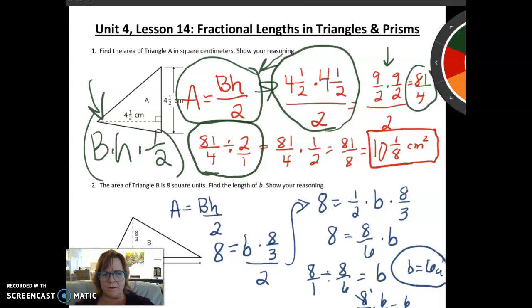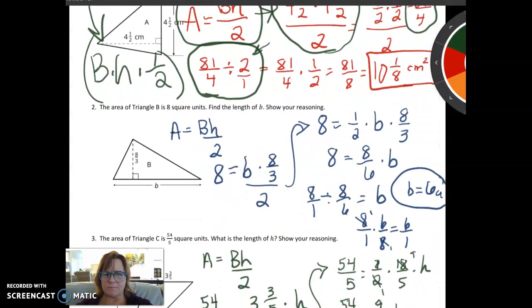Notice I put 2 over 1 so that I don't get confused about what the denominator or the numerator are. Now I'm going to multiply, because when we divide by a fraction, we multiply by the reciprocal. So I've got 81/4 times the reciprocal of 2, which is 1/2. So I've got 81/4 times 1/2, which is 81/8, which is 10 1/8. So my answer is 10 1/8 square centimeters.